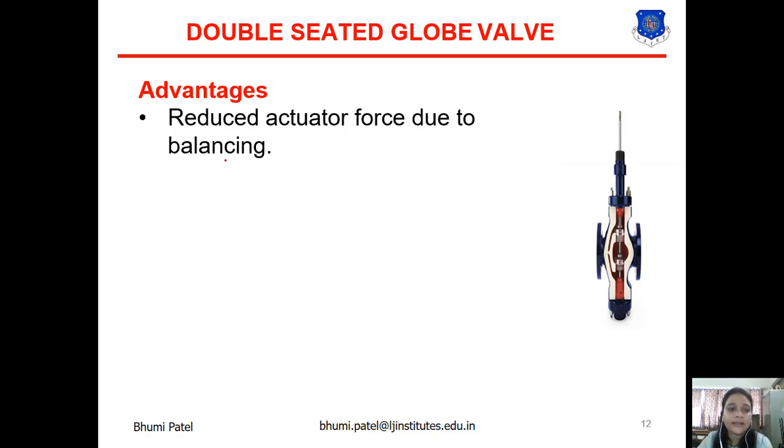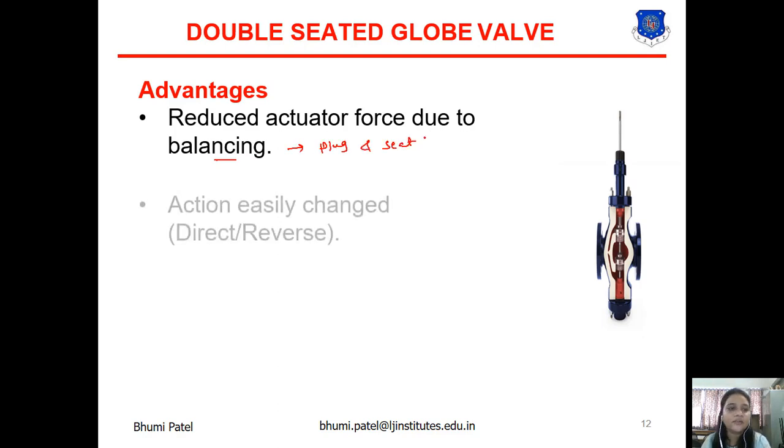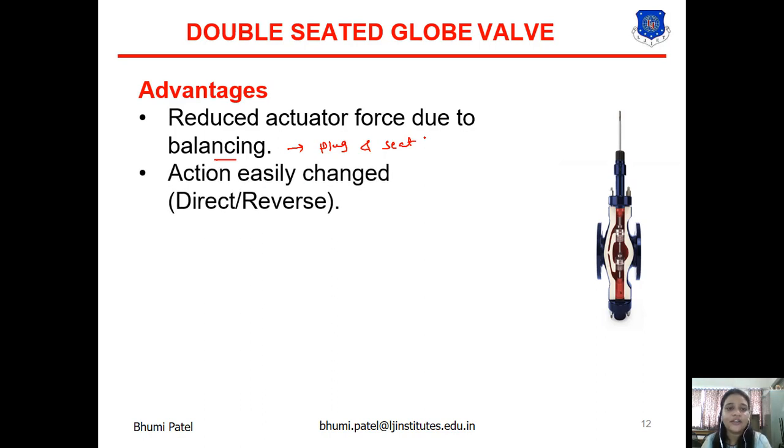Which type of balancing? Balancing between the plug and the seat. Next, the action can easily be changed, direct or reverse. Here we use two seats and two plugs in the same globe valve, so we can easily change the direction.